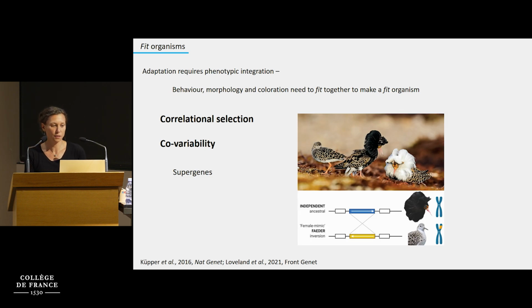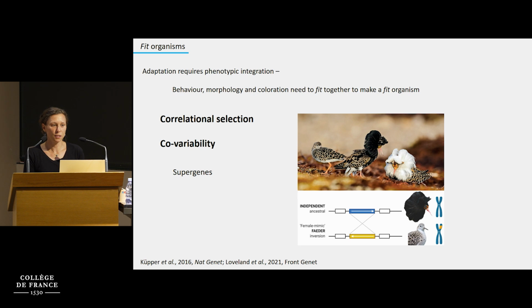The example here are these ruff birds that come in different morphs. And the genes that regulate the different traits that go into these morphs are physically located in the same location on the genome. And often they sit in inversions, making them tightly correlated and co-inherited. So therefore, you have this tight package of correlated traits that are inherited as one.